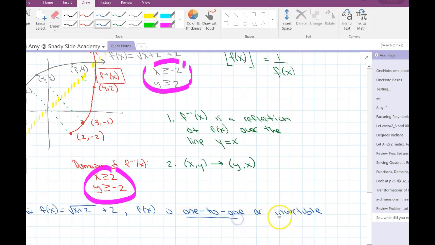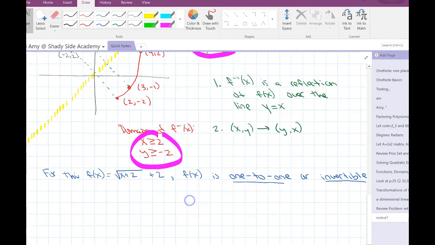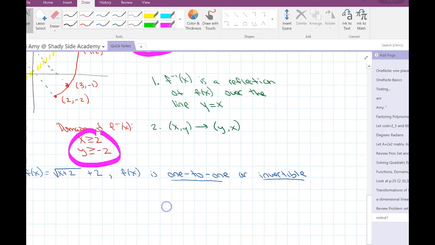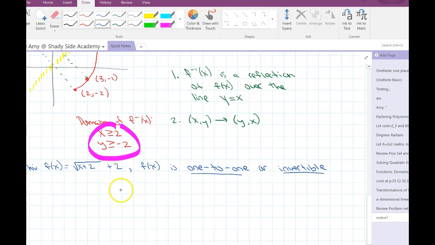What does it mean for a function f of x to be 1 to 1 or invertible? A function is 1 to 1 or invertible if its reflection over the line y equals x is also a function of x, okay?